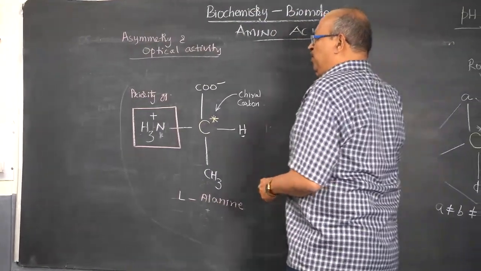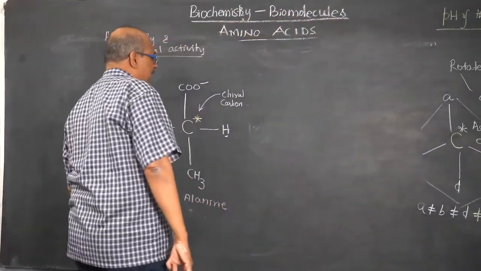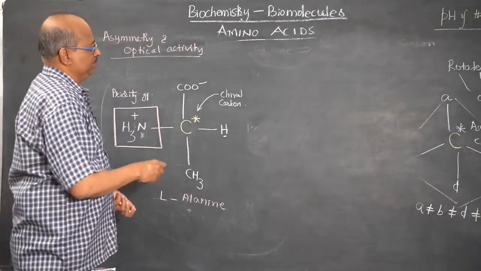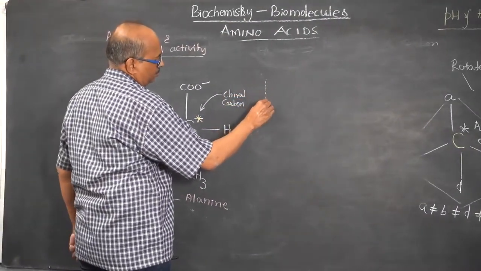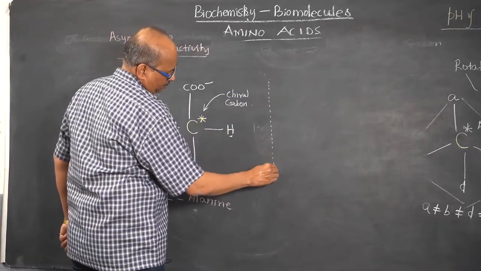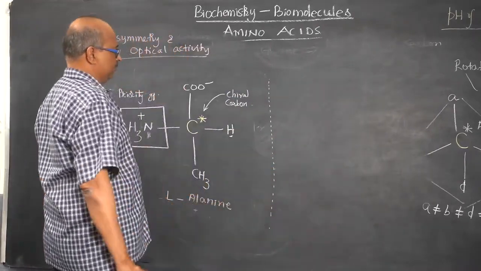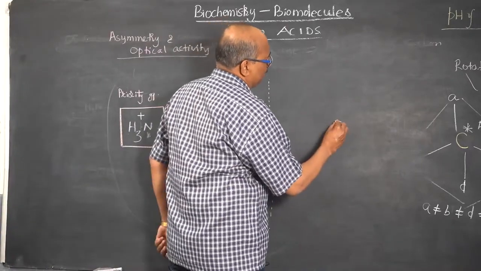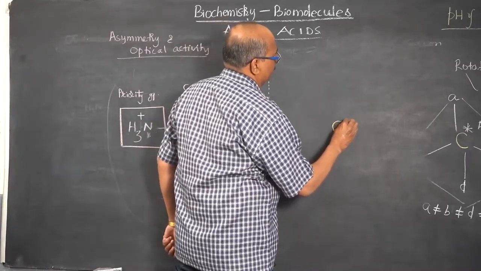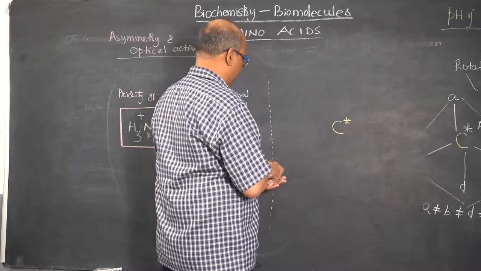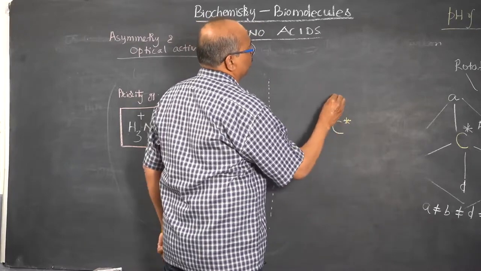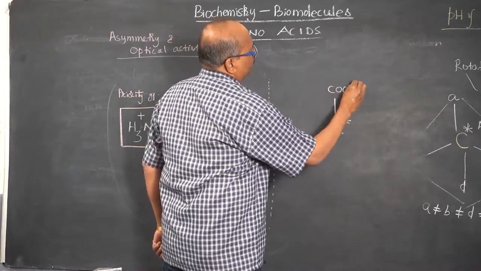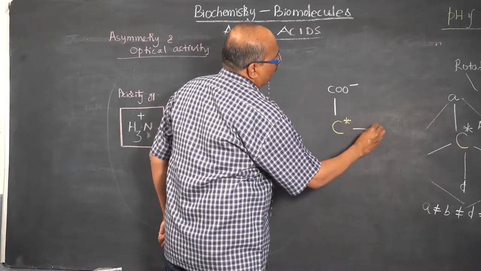Now for this particular compound, we can get a mirror image. So again, asymmetric carbon, carboxylic group, hydrogen atom.